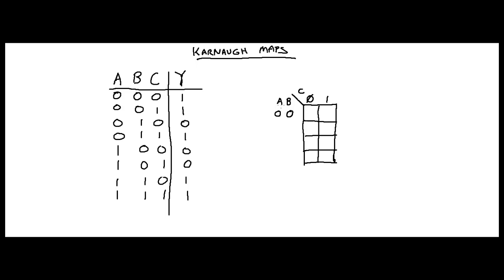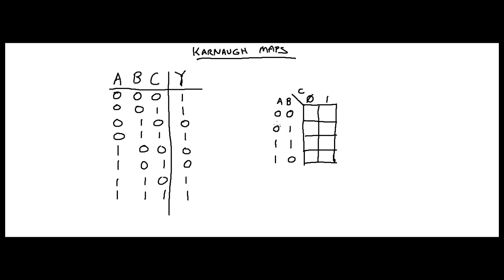Order on your K-map is important, so don't change the order of the rows. Okay? The next one is 1, 0. Now here's your change. The third one's going to be 1, 1. And then finally, the last one will be 0, 1.